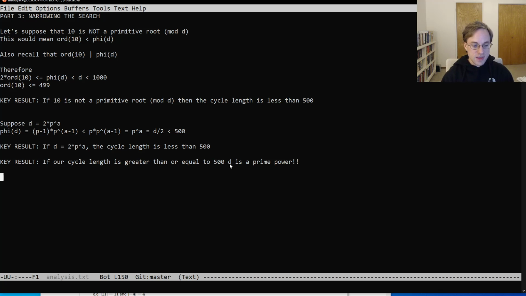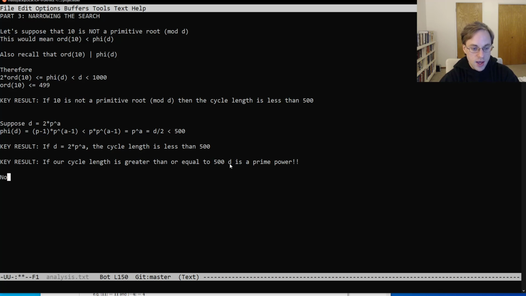It's still possible that our cycle length is less than 500, but that's starting to seem unlikely. Again, our range is numbers less than 1,000, and so it seems unlikely that we wouldn't be able to produce any cycle lengths between 500 and 1,000. And we'll get some more concrete information on that in just a moment.